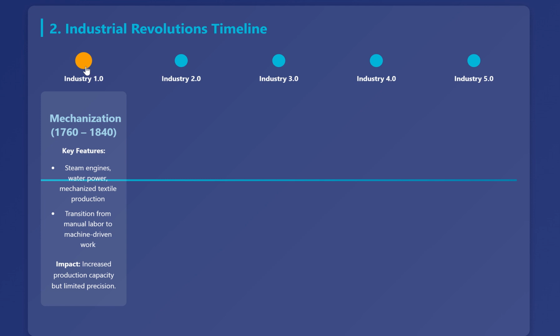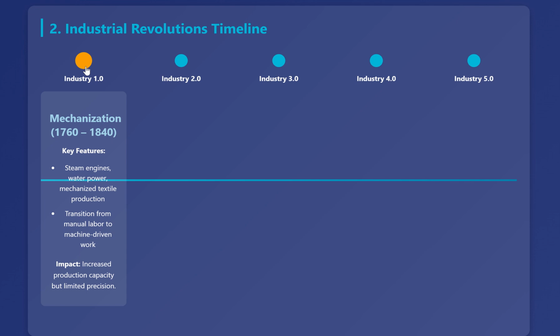Industry 1.0, when you look at the history between 1760 and 1840, we call it mechanization, in the sense that we developed systems to help us transition from manual labor to machine-driven work. Things like steam engines, things like water power, maybe mechanized textile production.